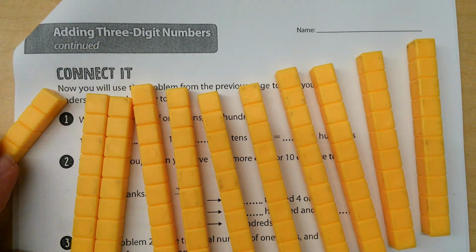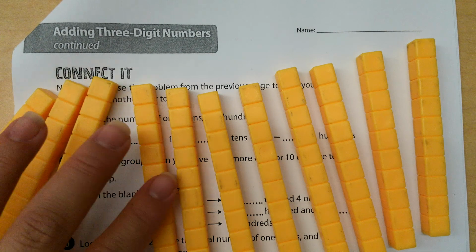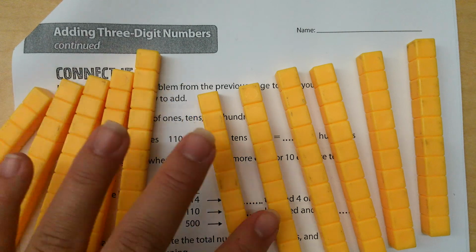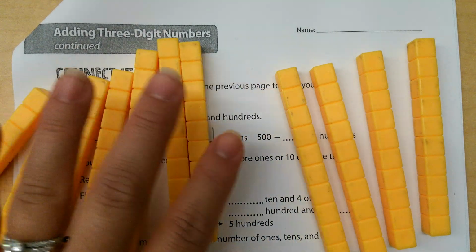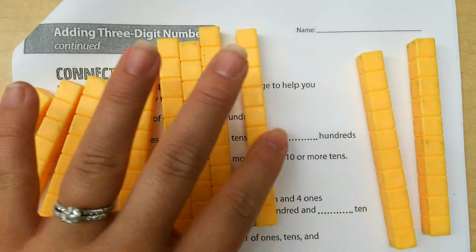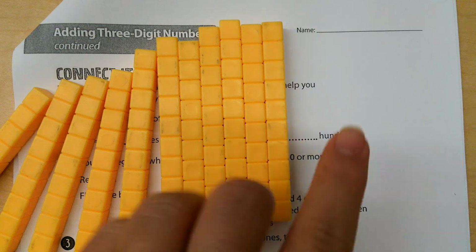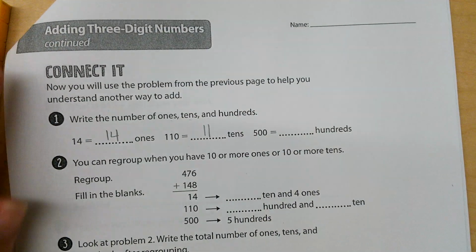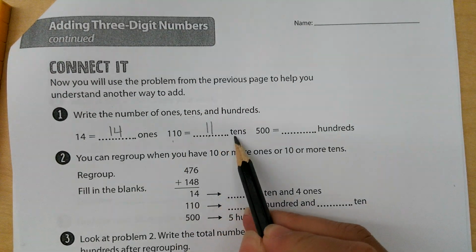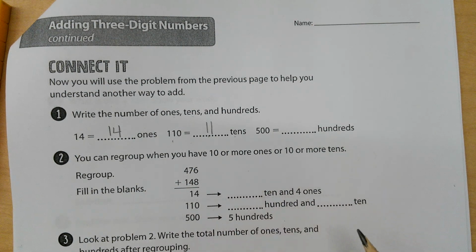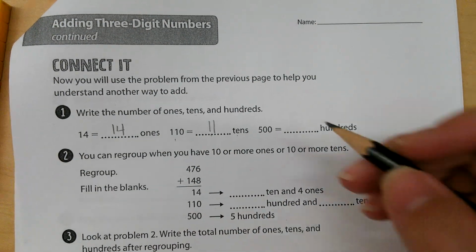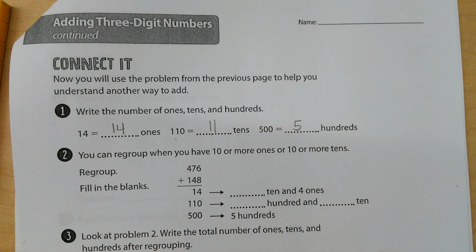And then we would just count by tens. 10, 20, 30, 40, 50, 60, 70, 80, 90, 100, 110. 110 is 11 tens. And then 500 is how many hundreds? 5.